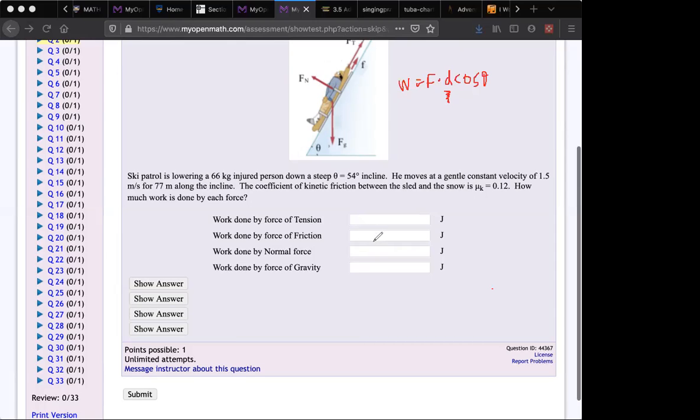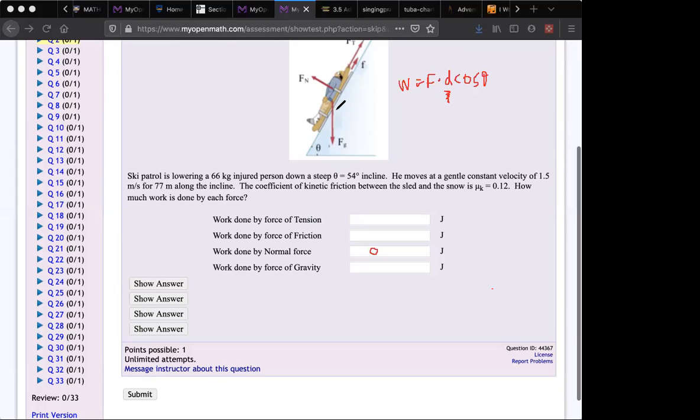So this one we will know right away is 0, right? I said that we knew 2, but we actually only know 1. So the work done by the normal force is going to be 0. Now the other ones are all going to have forces and directions that are either in the same direction or in opposite directions, so that you get a negative sign.